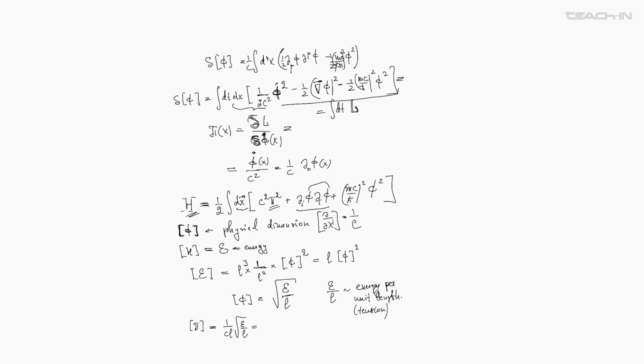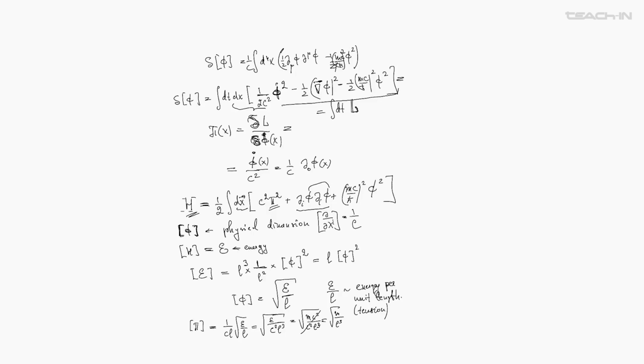You can also rewrite this as, energy has the same dimension as mass C squared, and in the denominator you have C squared L cubed, so C squared cancels. So if you wish, it's square root of mass divided by length cubed, and mass divided by volume, in fact. And the mass divided by volume, this is density, so it's a square root of a density, in a way.